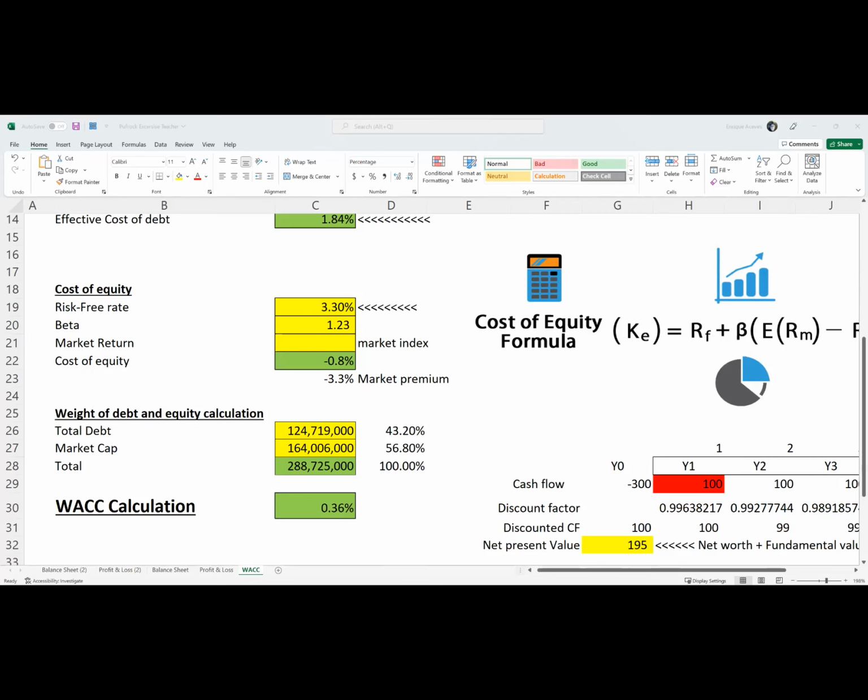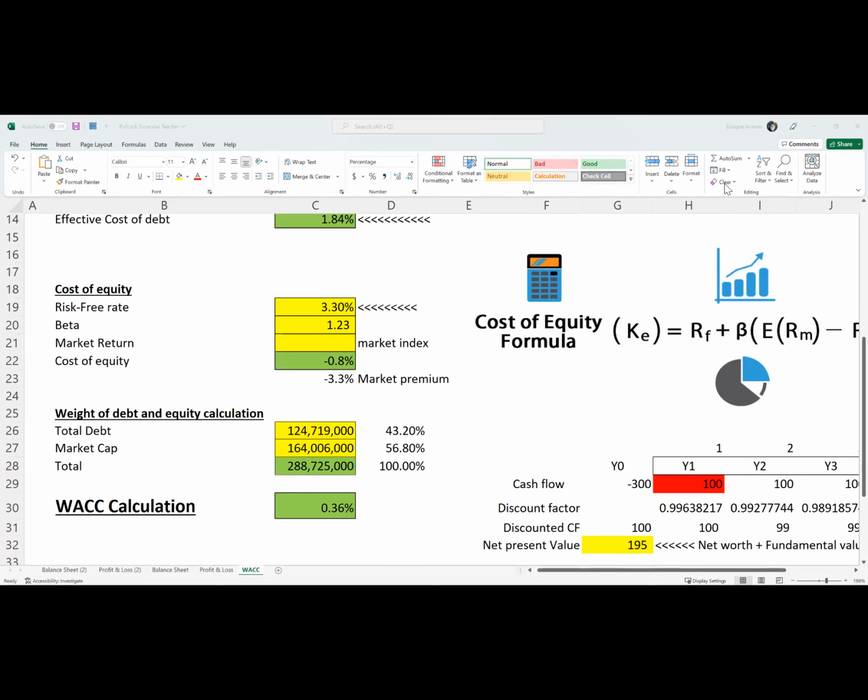Where do you find the risk-free rate? Who can help us with that question, guys? I found it in Yahoo Finance, but I'm not sure if it's right.